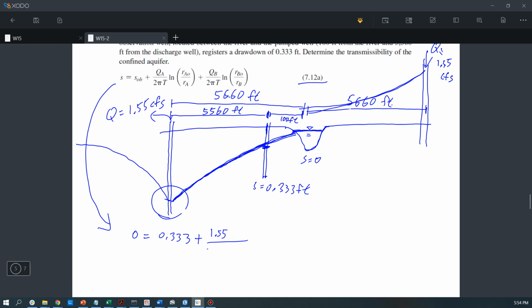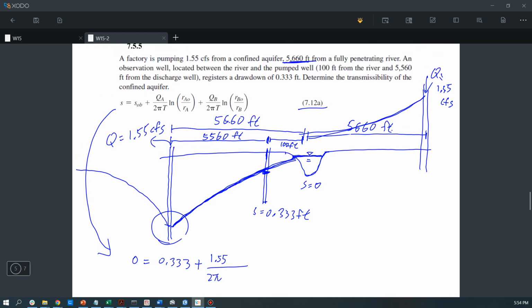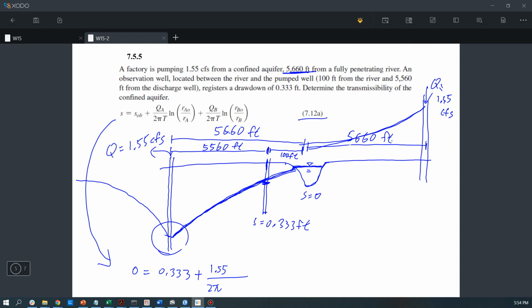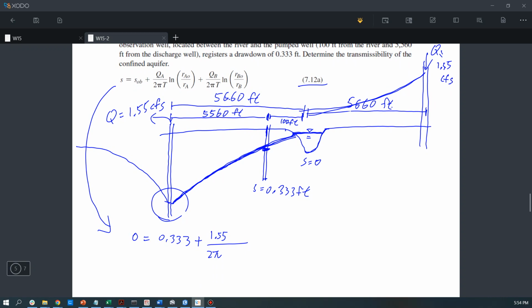Okay, 2 pi t is the variable that we want to evaluate times log the RAO is 5,560.